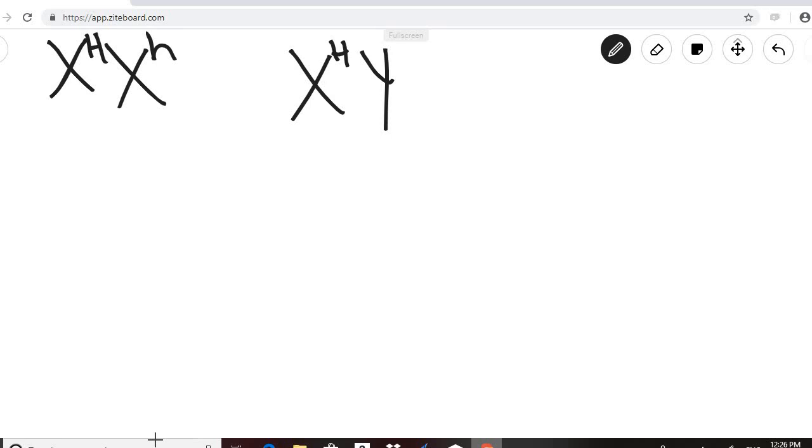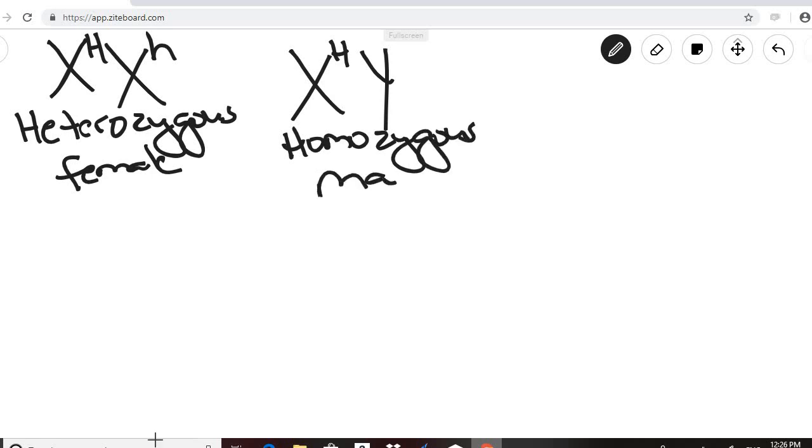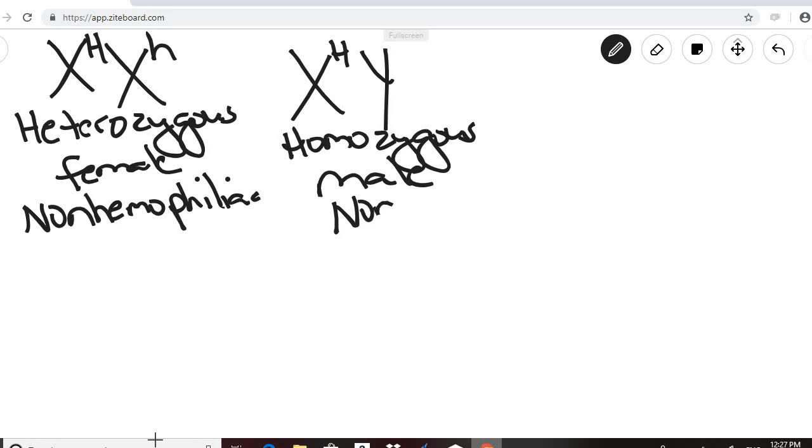So this is a heterozygous female, and this is a homozygous male, but neither one of them have hemophilia. Non-hemophiliac, and this one also is a non-hemophiliac.